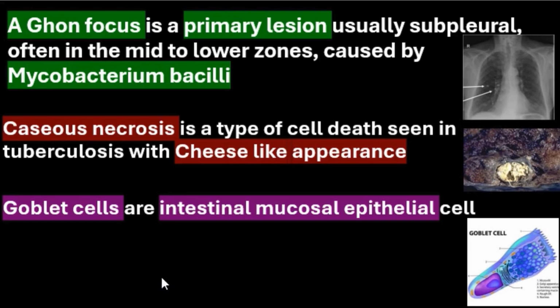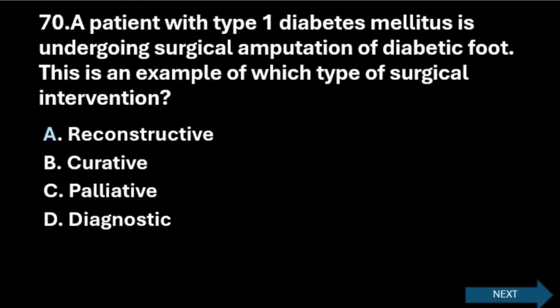Next question. A patient with type 1 diabetes mellitus is undergoing surgical amputation of a diabetic foot. This is an example of which type of surgical intervention? Option A, constructive. Option B, curative. Option C, palliative. Option D, diagnostic.